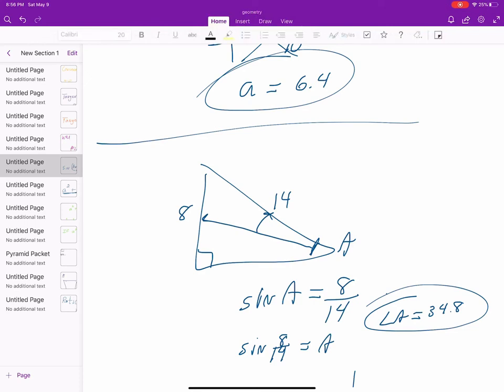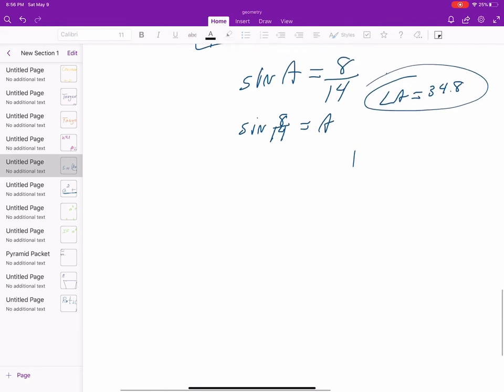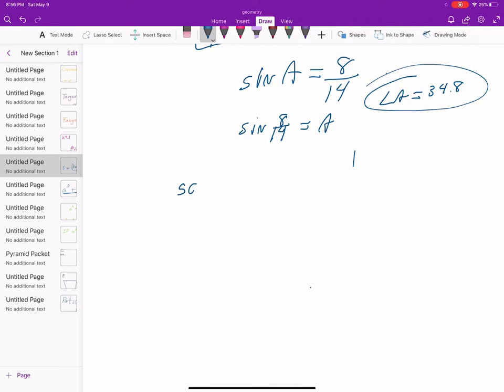You need a little, this has kind of been used a lot. Okay, so the old SOHCAHTOA thing. Really, it used to be like sine, so this is sine, and this is opposite, and this is hypotenuse.